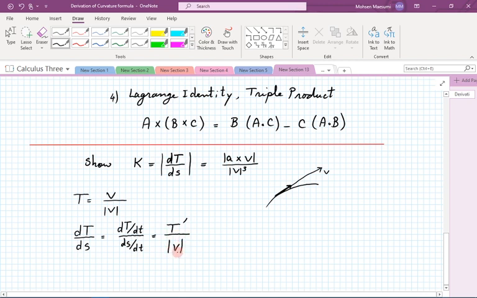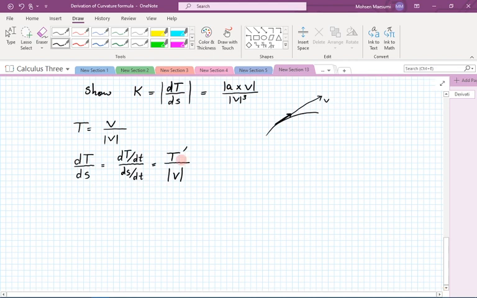Okay, so what do I need to do? I need to find T prime. So T prime is going to be v over |v| prime.